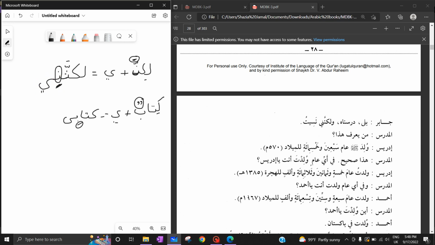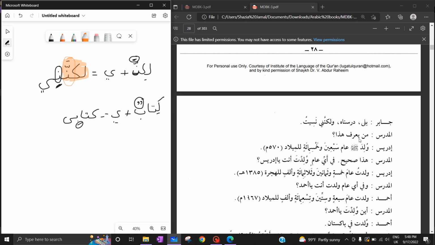And that's why it saves this noon from taking a kasra, because lakinna is built mabni on fatha. That's called noon al-wiqaya here. Lakinnani nasitu. Nasitu means I forgot.